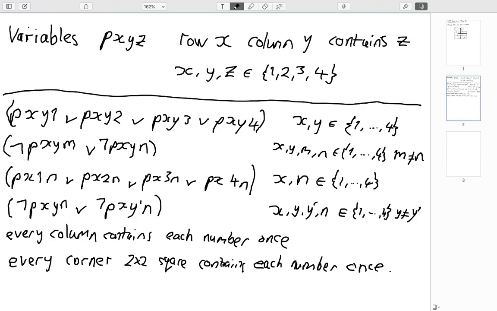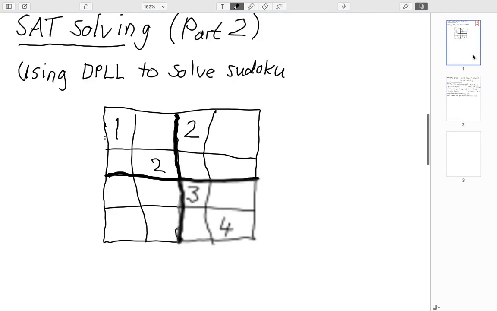And now we've expressed all the general constraints of the sudoku problem, but we also need the constraints for the specific problem we're solving. If we go back to the one we've got, we can see we've got 1, 2, 3, and 4 on the diagonal, and we've got this 2 in row 1, column 3.